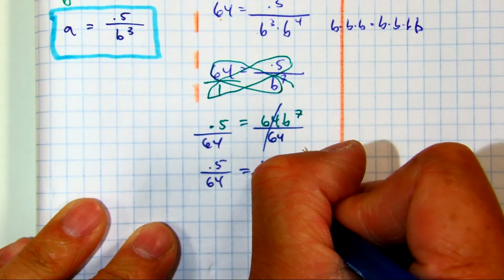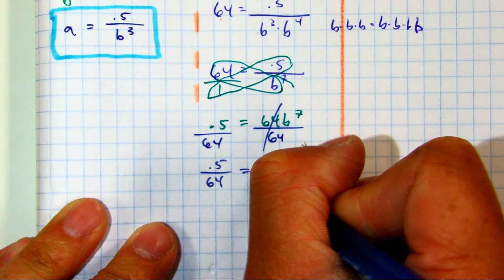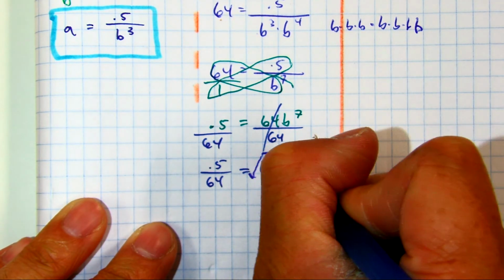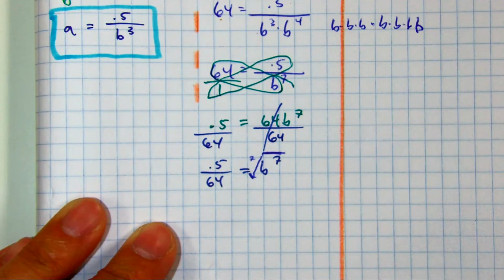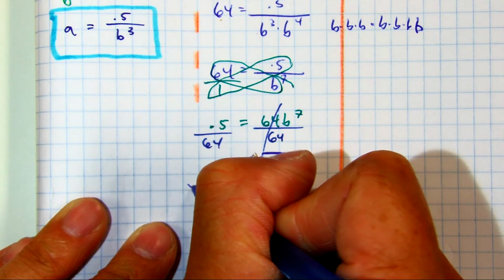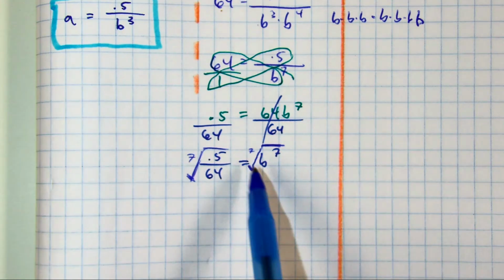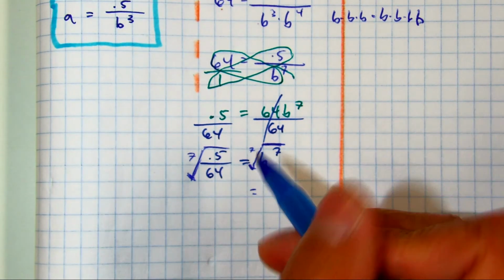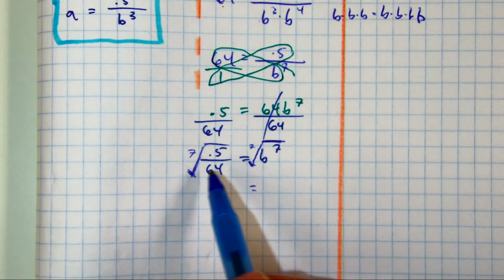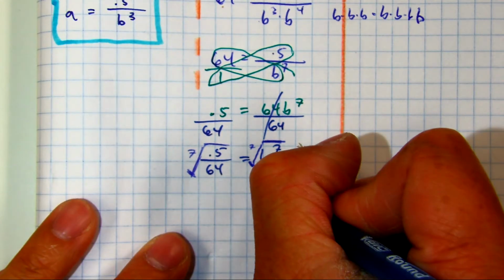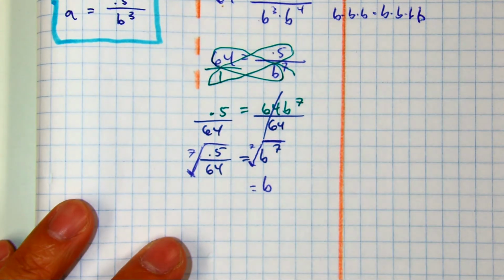Radicals, or a square root. In this case, I'm taking the radical to the 7th, which basically means you are trying to find 7 identical numbers that multiply to be 0.5 over 64. But thank goodness you have your calculator that can do that for you.